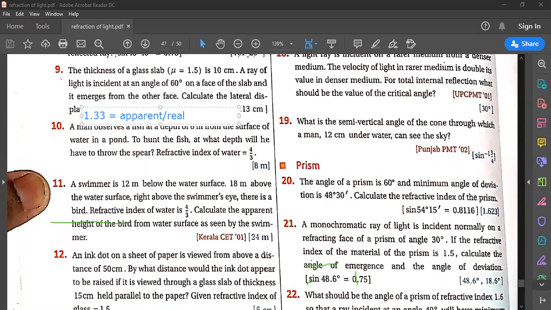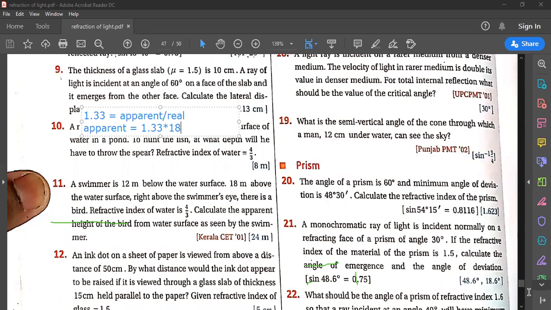So what is the apparent height here? We have to find that. 1.33 into the real height 18 gives you 24 meter. Understood? Yes, sir.